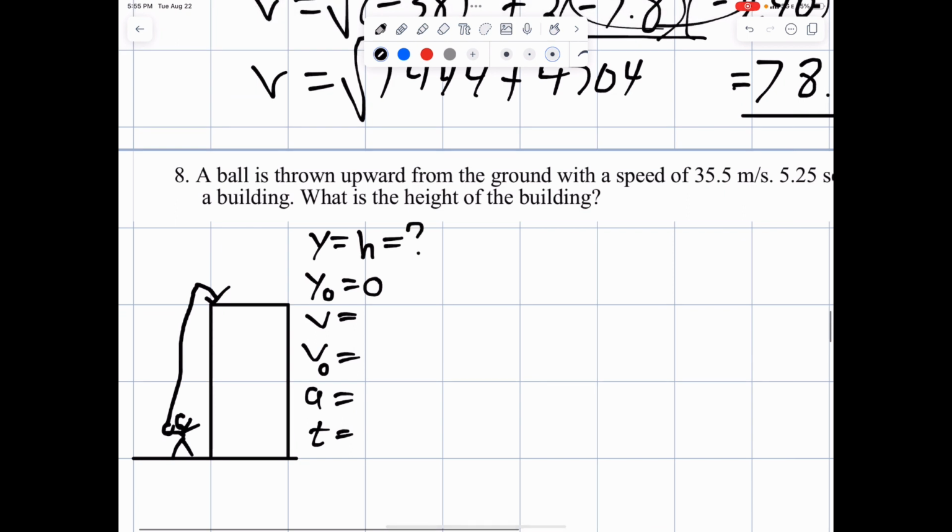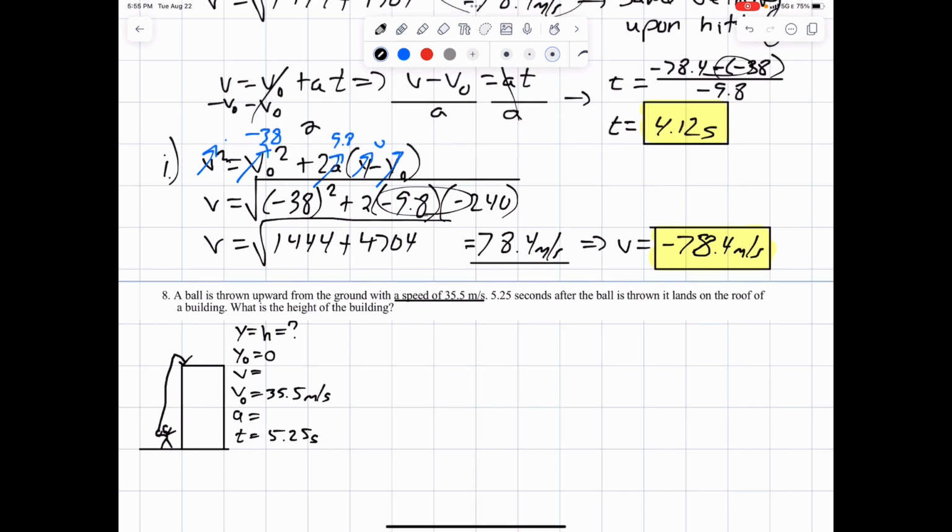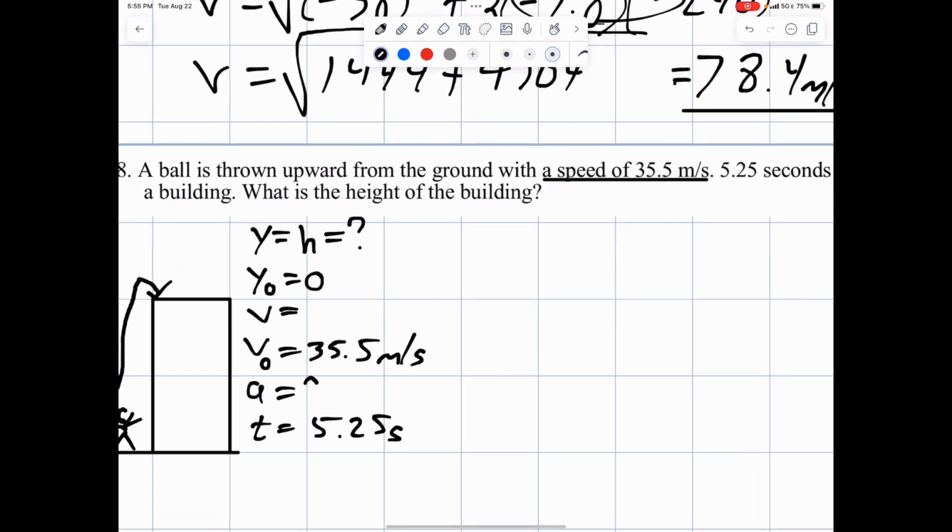That is the main question mark. I know the initial speed is 35.5 meters per second, and I know the time it takes to land on the building is 5.25 seconds. I also know that a is negative 9.8 meters per second squared.